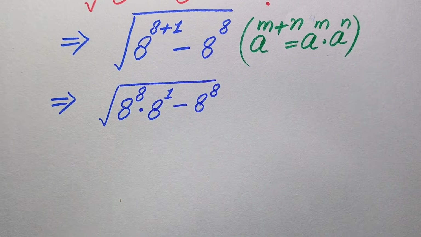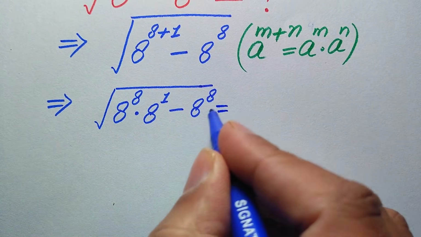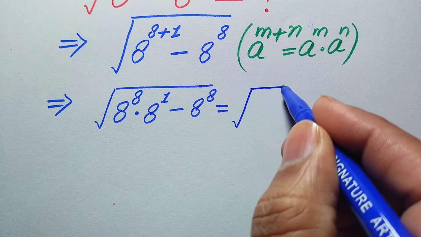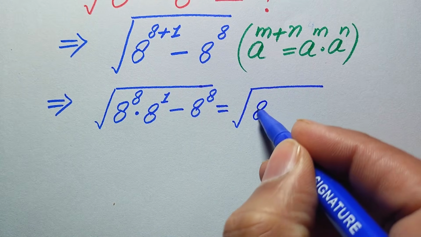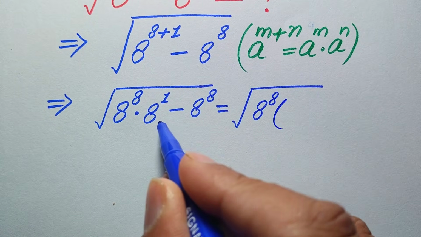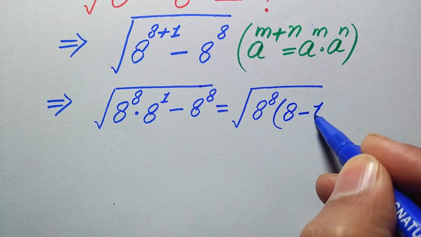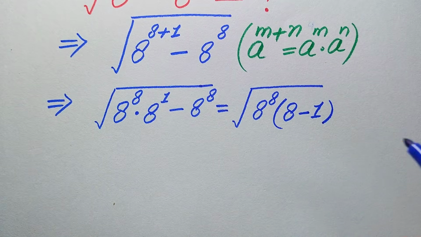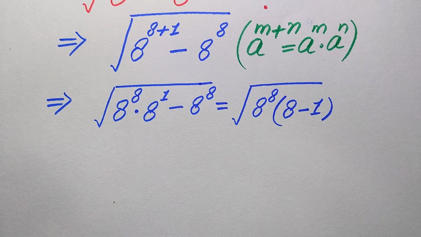And now in the next step we need more simplifications here. You see that inside the square root sign we have 8 to the power of 8 as a common term, so we take 8 to the power of 8 common, and the remaining values are 8 minus 1, and its whole square root. And now in the next step we use the nice radical law.